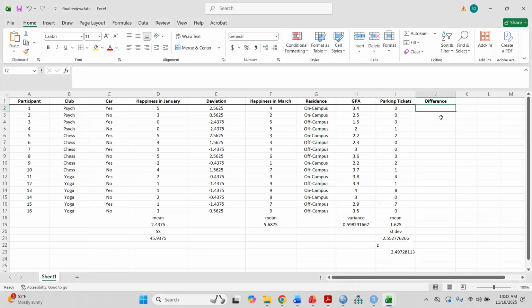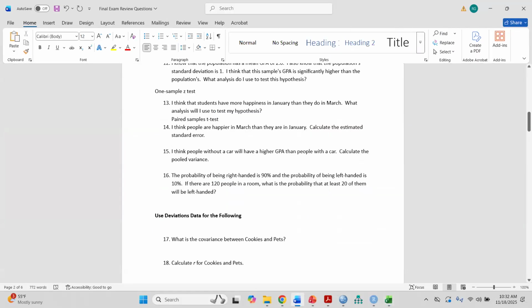So I'm going to take happiness in March and subtract happiness in January, because the idea is that overall I'm going to try to get a positive d bar, a positive t-score if I was going to do the whole thing. But the question isn't asking for the whole thing. I'm not actually going to have to calculate the t-score, just the estimated standard error.